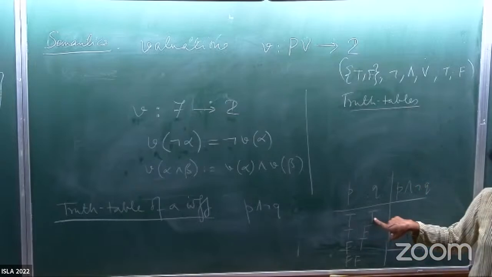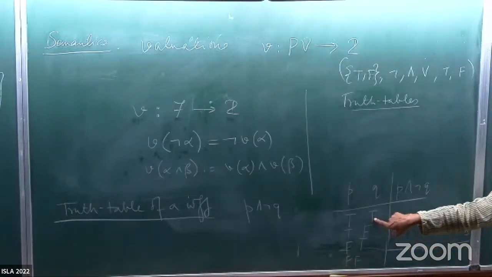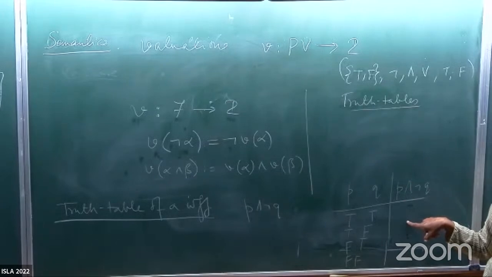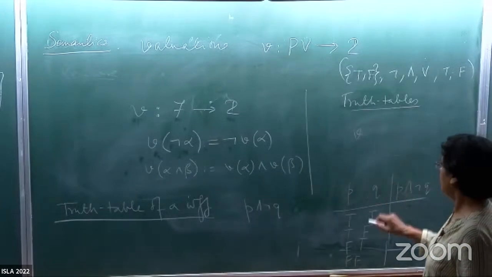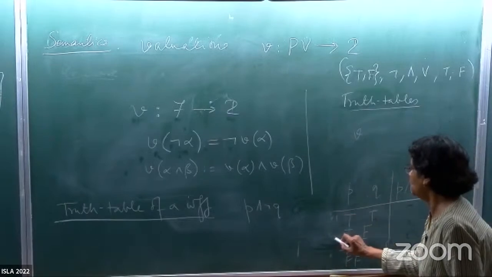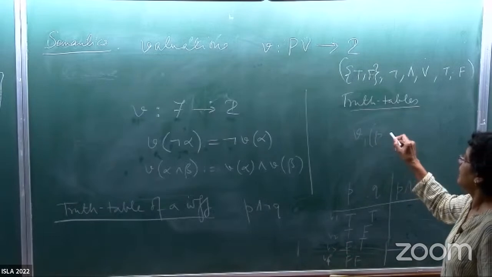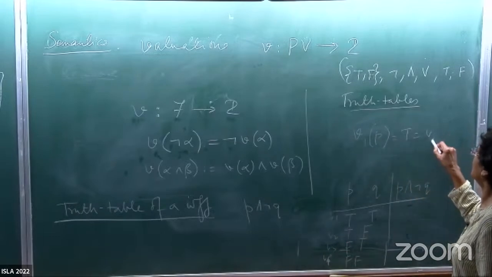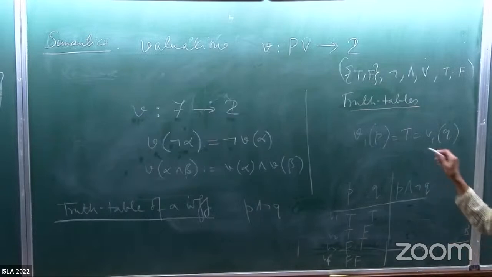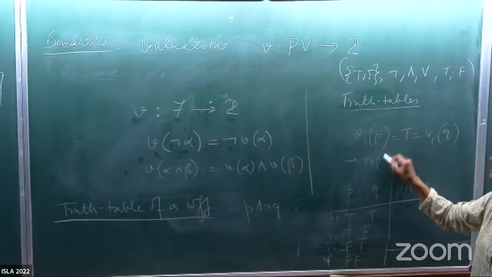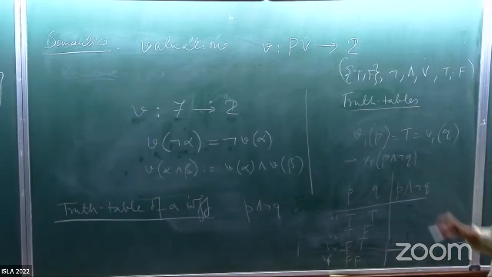What are you doing here? You are just basically looking at every row, the valuation it defines, and applying that valuation on this formula and writing down the entry out here, right? So if I were given V1, V2, V3, and V4, so V1 assigns both P and Q the value true. So given that, using this definition, what does V1 assign to P and not Q?